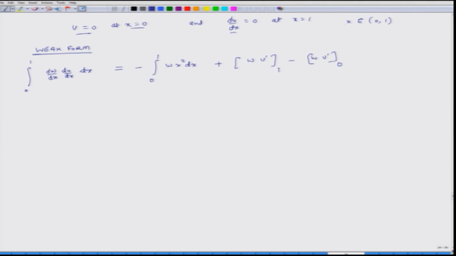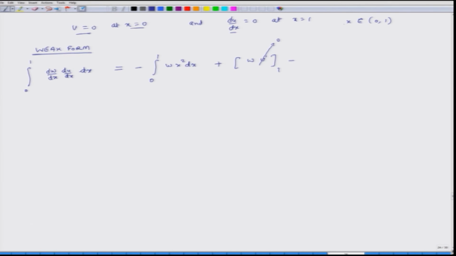So, at x is equal to 0, u is 0, which means the variation of u at x is equal to 0 is 0, right. So, this part goes away. So, this term vanishes. The other thing is that I have specified du over dx, which is the slope at x is equal to 1. So, this part becomes 0.